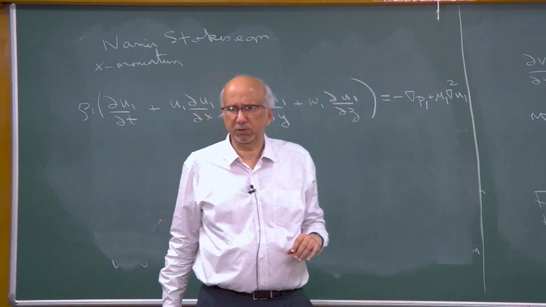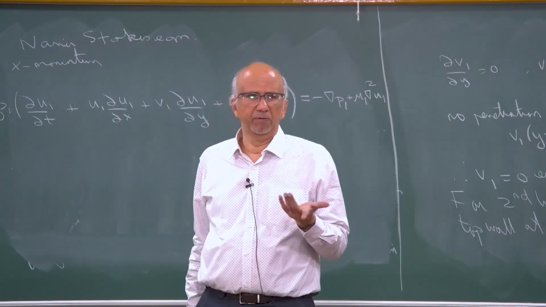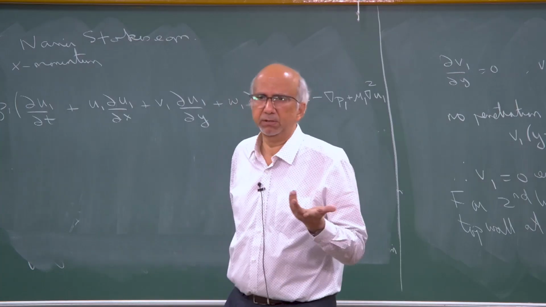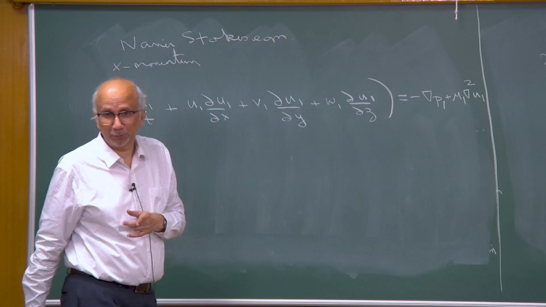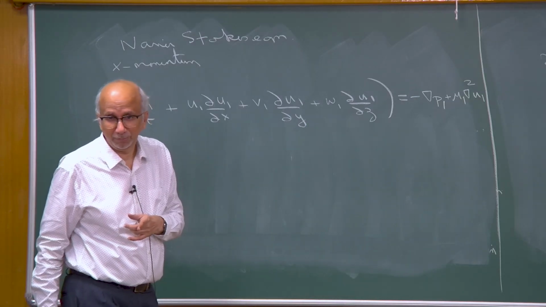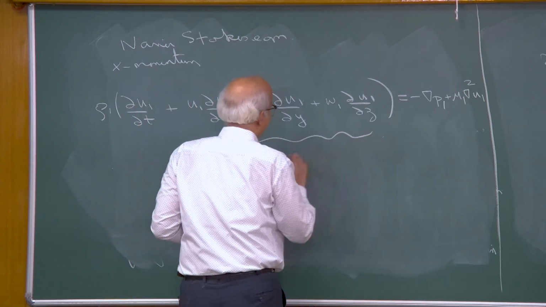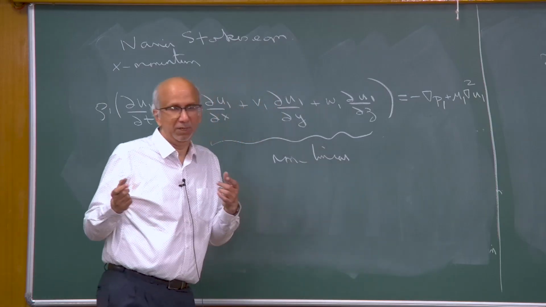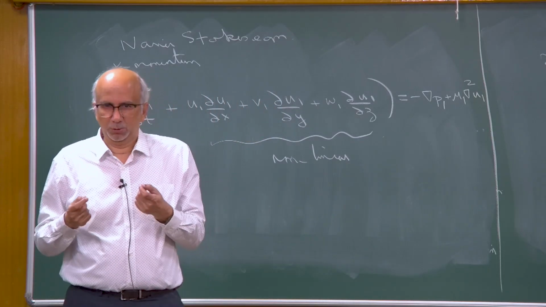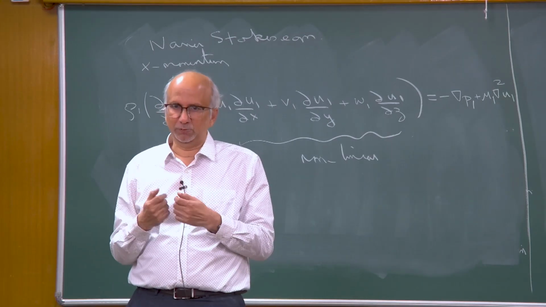Now, the Navier-Stokes equations in general are non-linear. Which is the term which is making it non-linear? If you remember the math course which we went through some days ago, these are the terms which make it non-linear, because the dependent variables u1, v1, w1 are not known, and you have products of those variables.